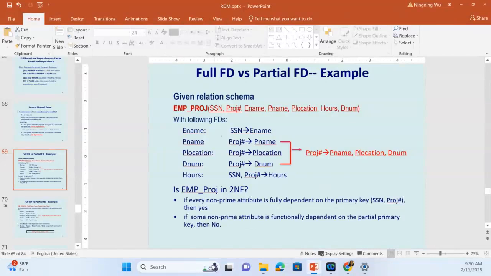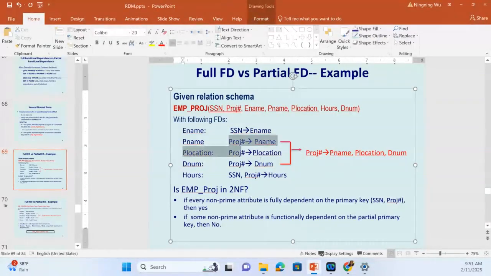Now we have a set of functional dependencies defined on the attributes of this relation. SSN determines ename, project number determines pname, project number determines P location, project number determines DNAM, and the last one, SSN and project number determine hours. So we have 5 functional dependencies.